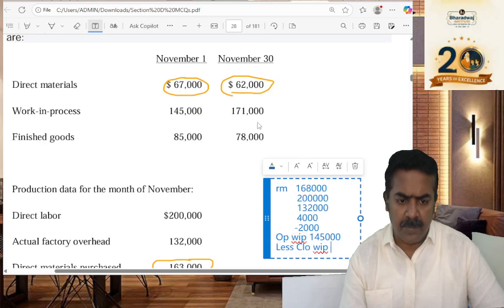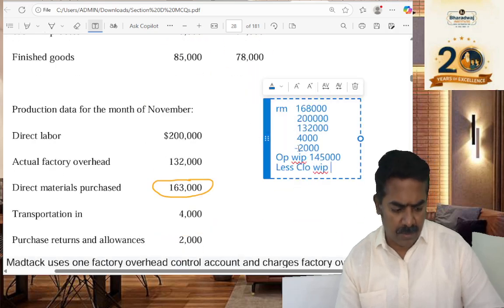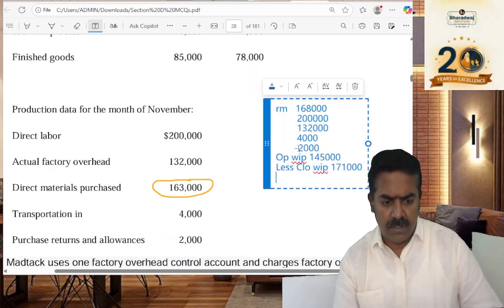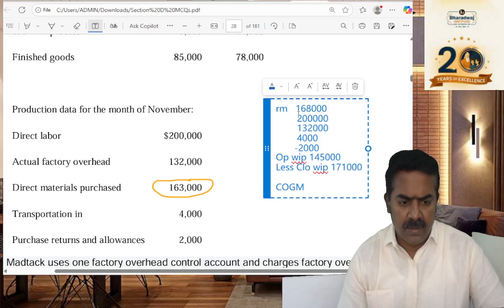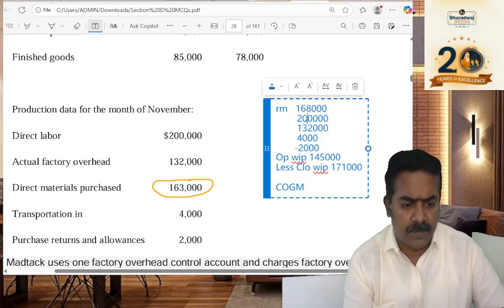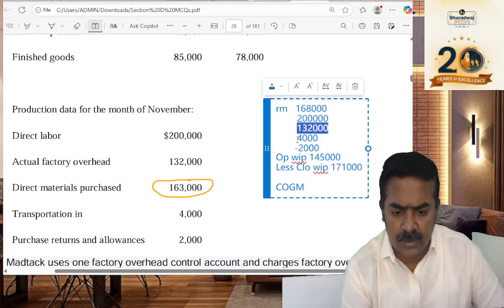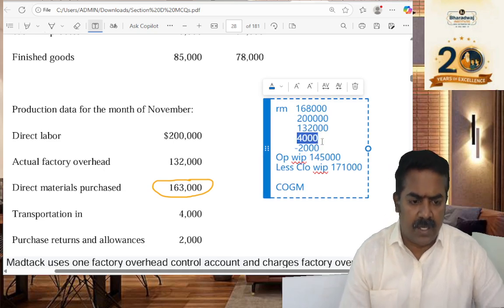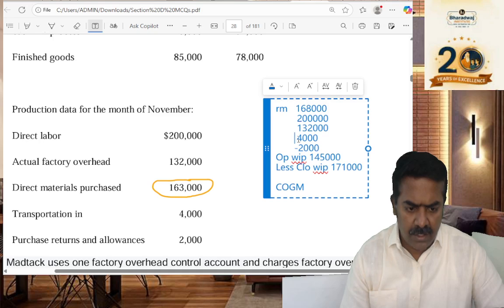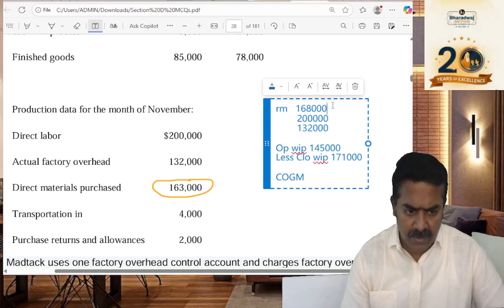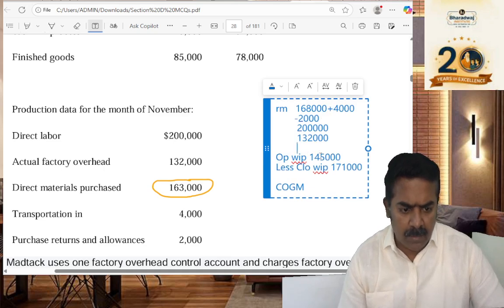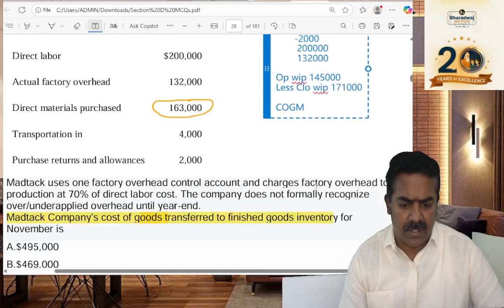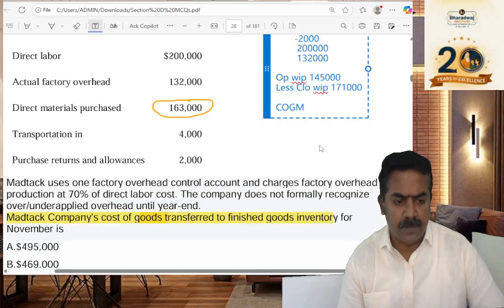What is closing WIP? 1,71,000. This will give us cost of goods manufactured. Raw material cost consumed, direct labor, factory overheads, transportation in is part of raw material cost only. Then add opening WIP minus closing WIP will give us cost of goods manufactured. How much?